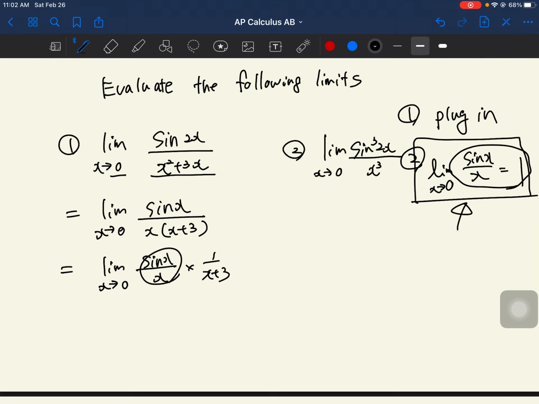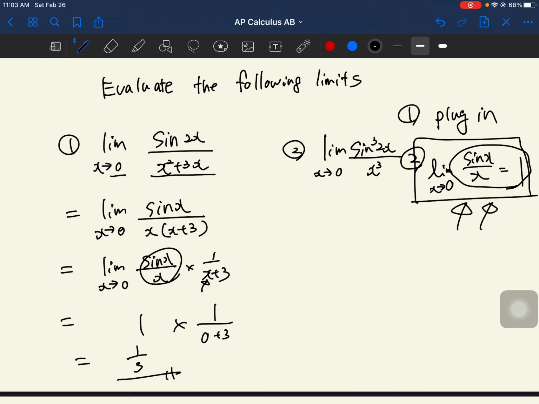It looks similar to this one, isn't it? And this is going to be 1. And now you can plug in 0 into here, because the denominator won't be 0, so you can just plug in 0 into x. So it's going to be 1 times 1 over 0 plus 3, which is 1 over 3.